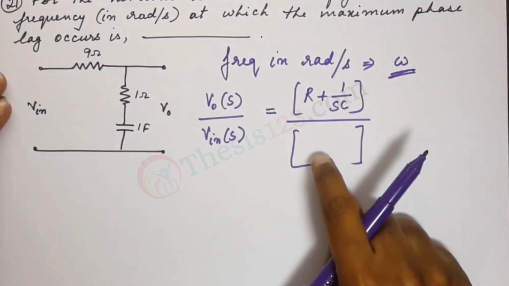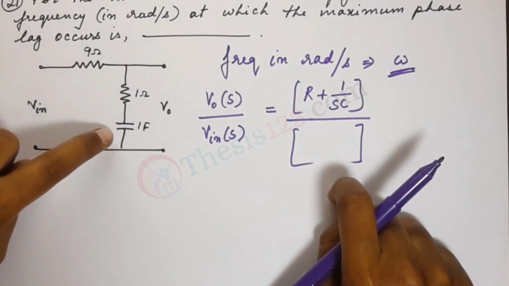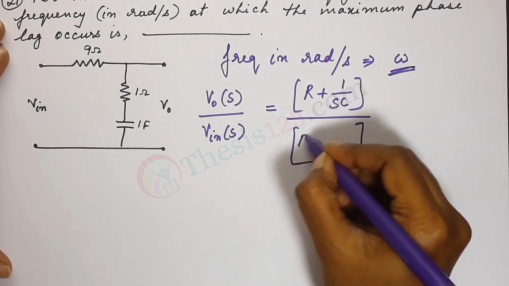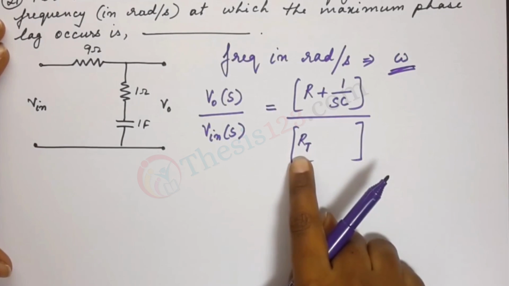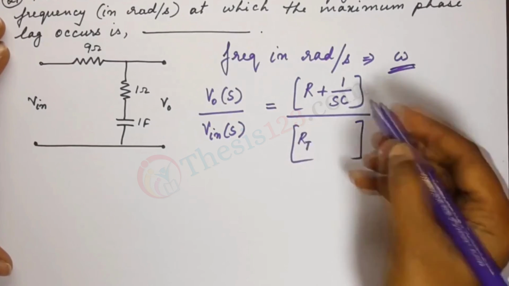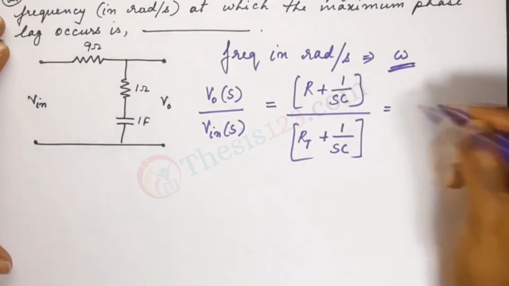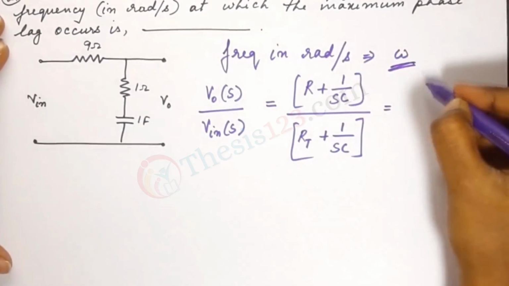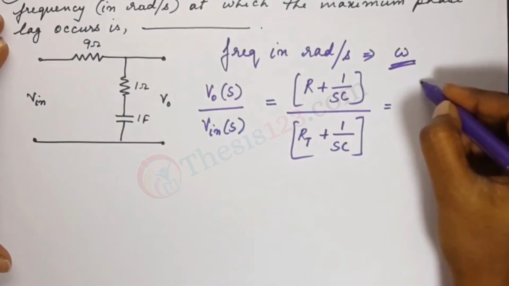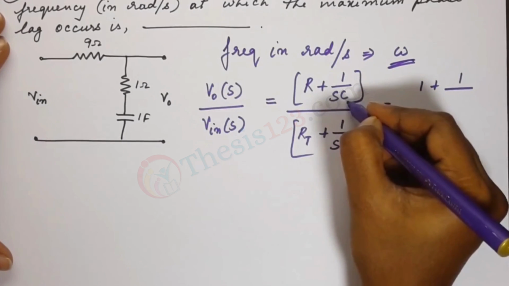Next, we need it in terms of the input. Now the input covers two resistances and the capacitance. So here we would have total RT, I'm writing it as RT to indicate the total resistance, plus 1 by SC. Now let's plug in the values. We have R here is just this value over here, 1. So that's 1 plus 1 by SC.